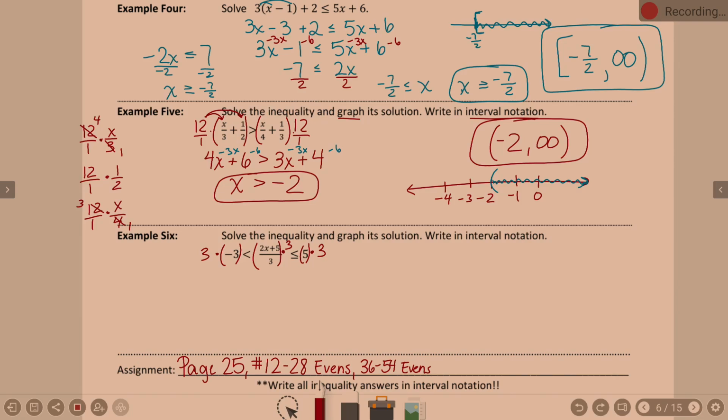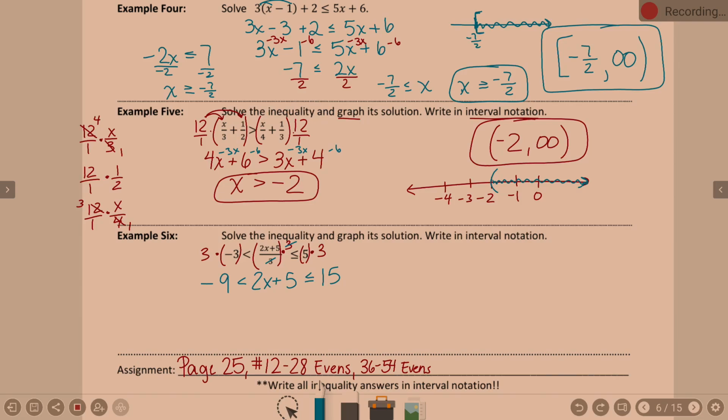On the left, 3 times negative 3, negative 9, less than. In the middle, what does multiplying by 3 do? It cancels the 3. So now I have 2x plus 5, less than or equal to 5 times 3, 15. Okay, keep working to get x by itself.